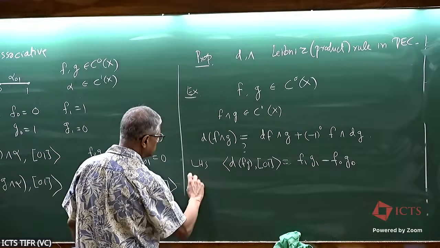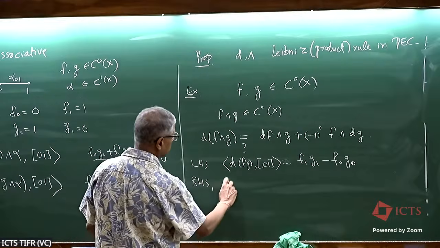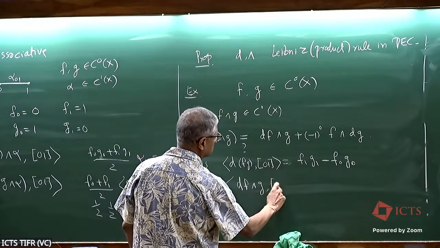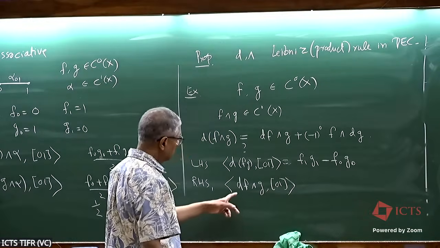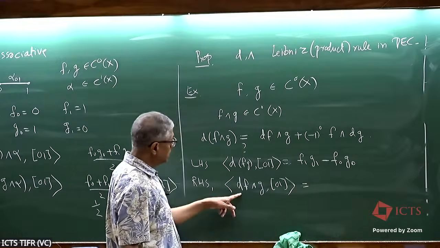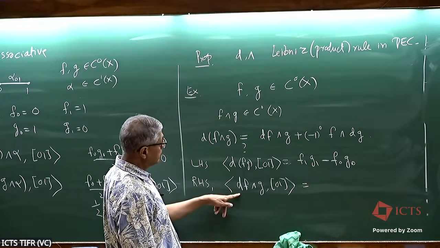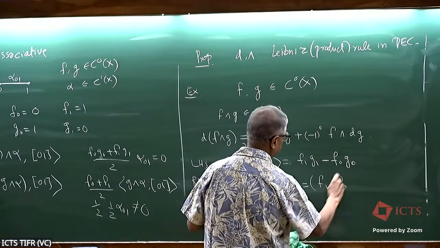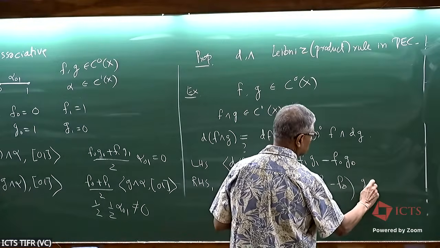So the first term on the right-hand side, RHS1, is df wedge g on 0, 1. That's supposed to be the average of g times df. So that's f1 minus f0 times the average of g.